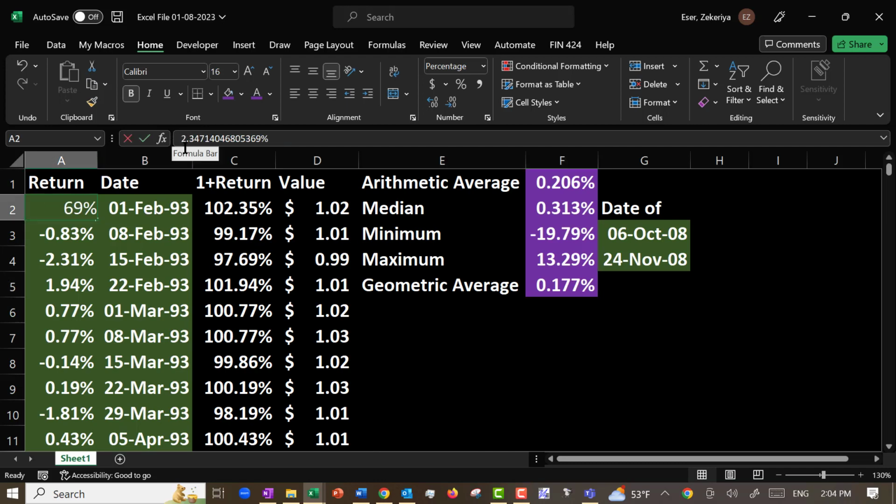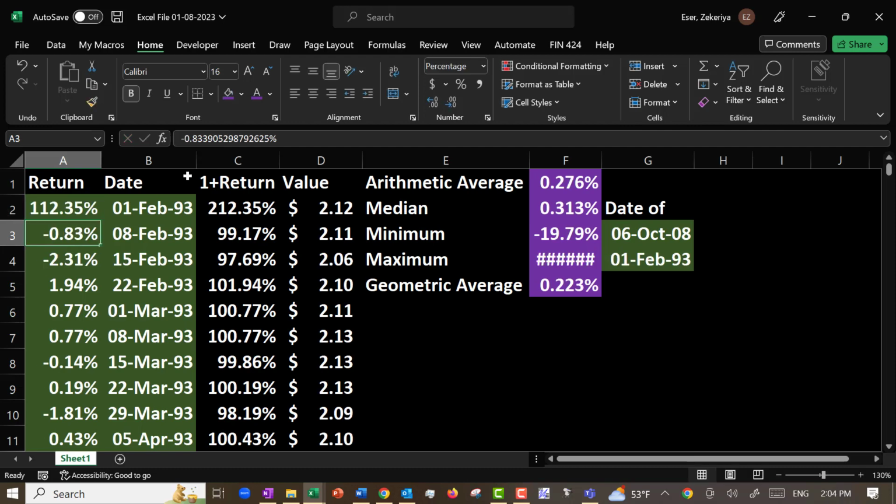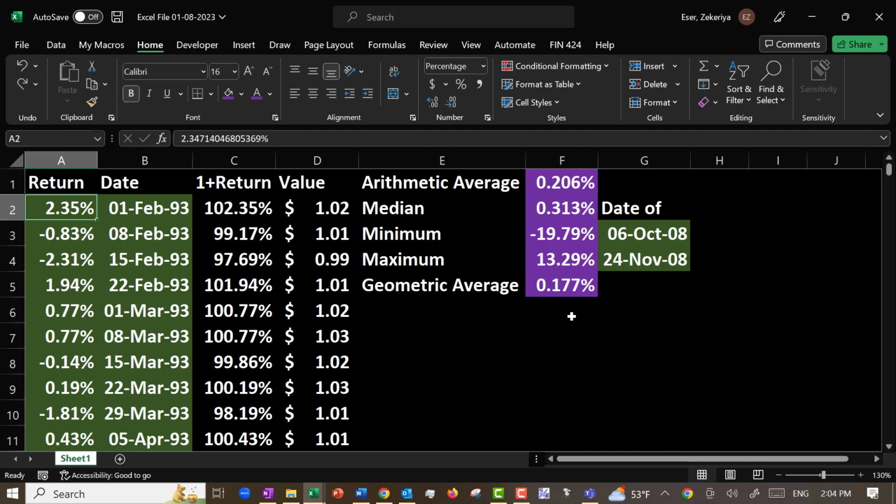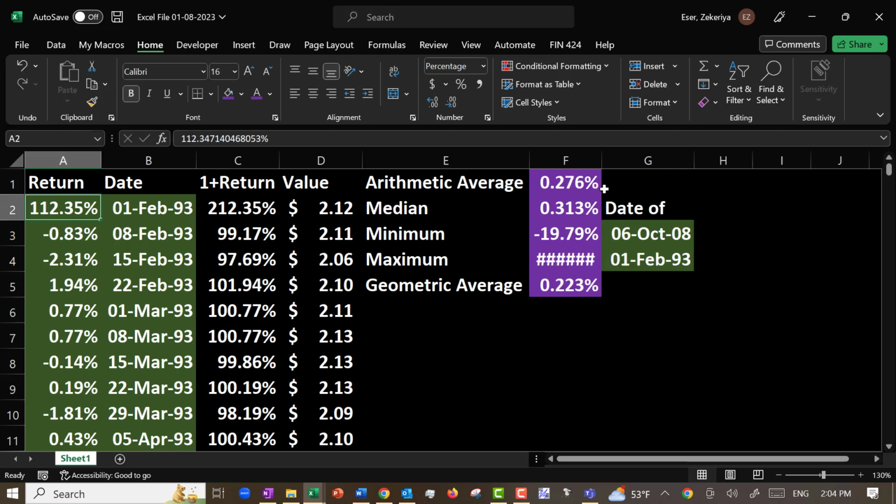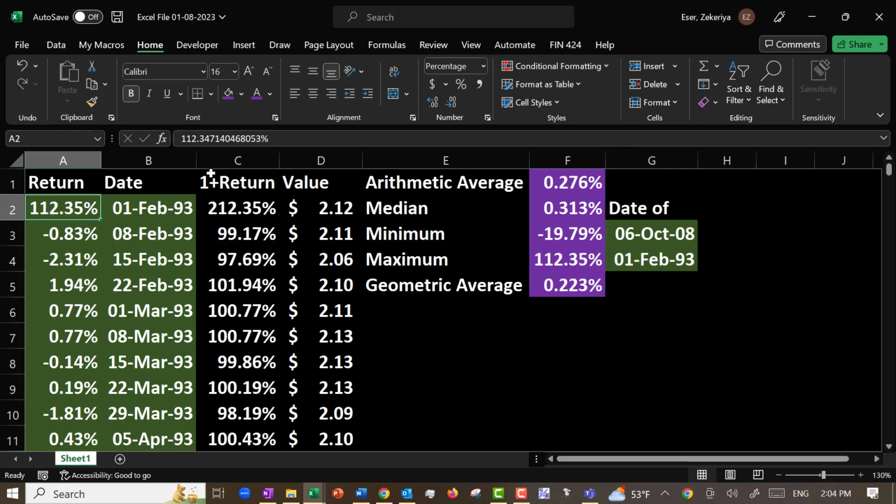Again, arithmetic average went up by 7 basis points. This didn't go up by that much, about 5. But it's still not robust.